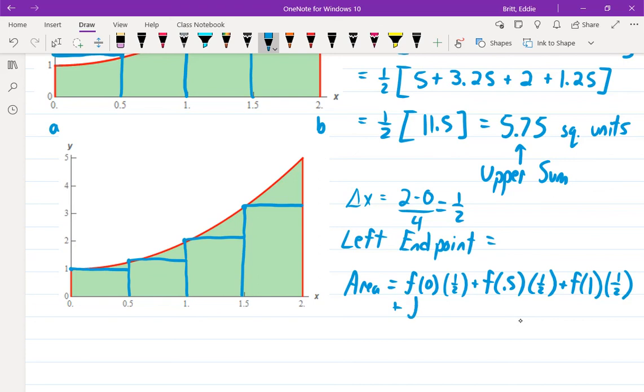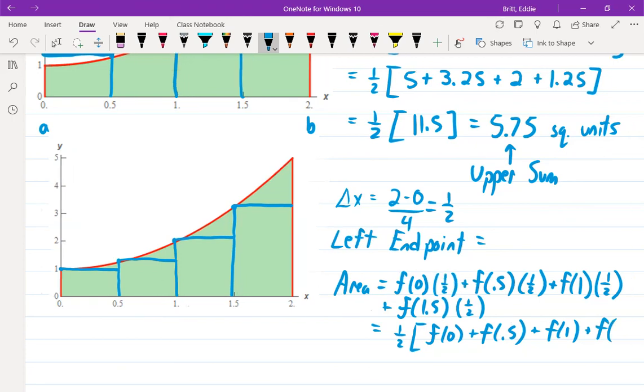All right, my last value is going to be f of 1.5 times 1/2. And so we know we can factor the 1/2 out, and we're going to find f of 0 plus f of 0.5 plus f of 1 plus f of 1.5.